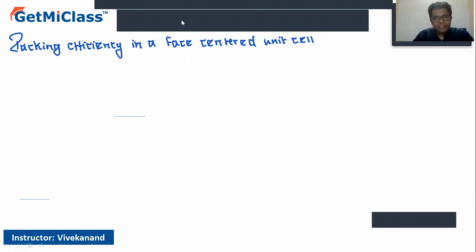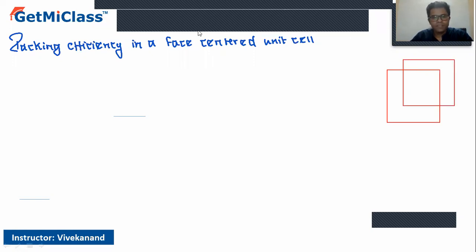So let's take into consideration the cube in order to understand the entire scenario. If this particular cube represents the unit cell, then in order to consider it as a face-centered unit cell, we would like to have the particles over here at the corners, something like these.